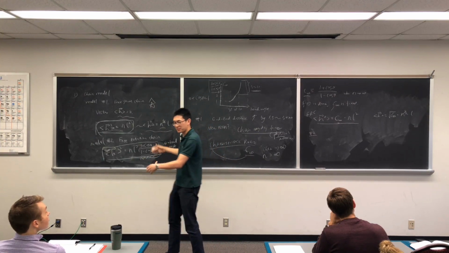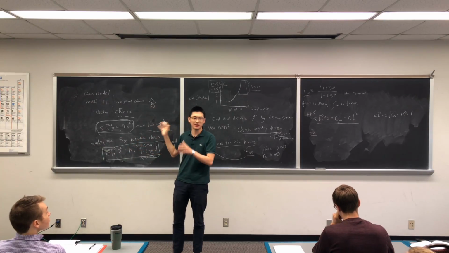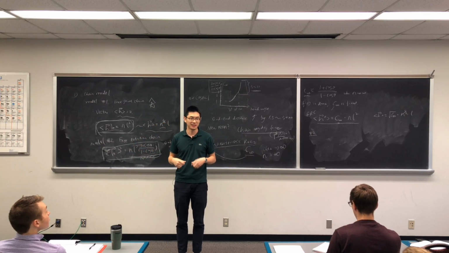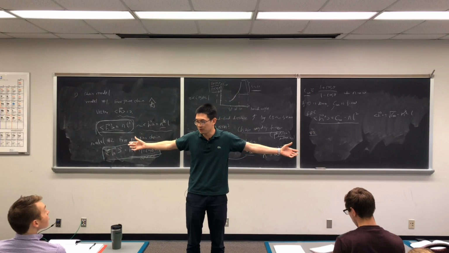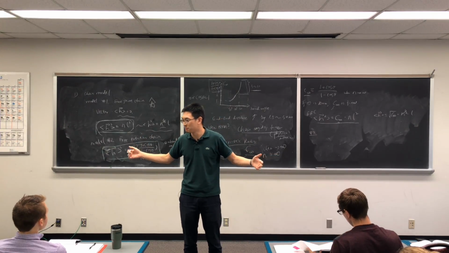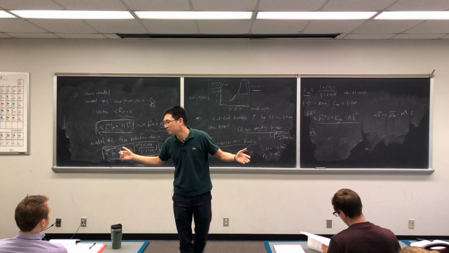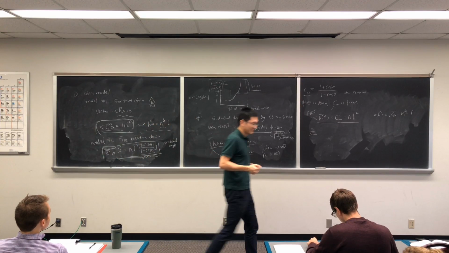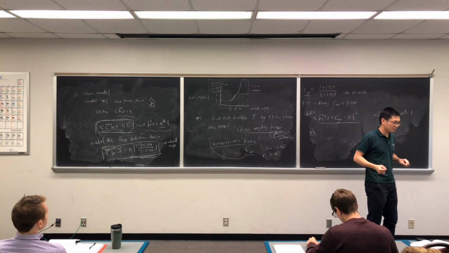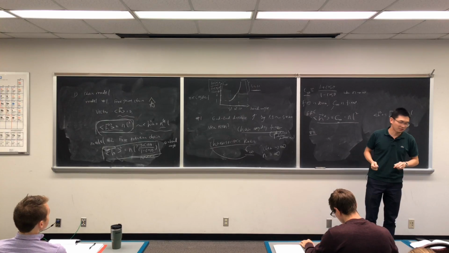So what you learned from the first model still applies to the second model, except the free rotation chain somehow swells your coil, or the chain model, slightly, a little bit bigger. Correct? That's the second conclusion we learned from the two different models.